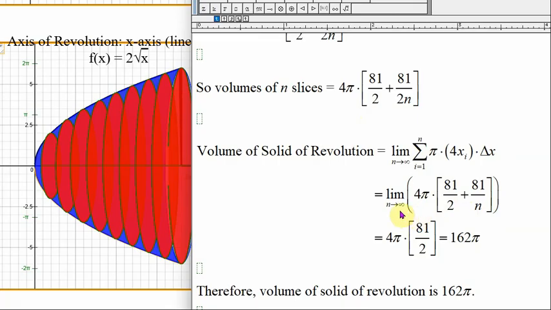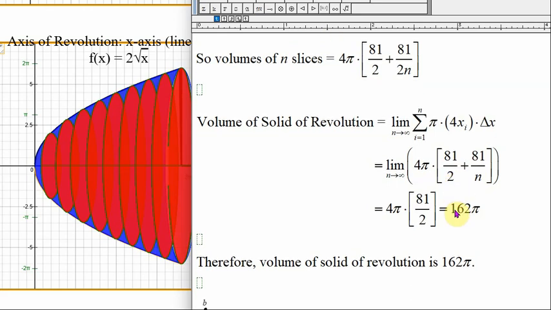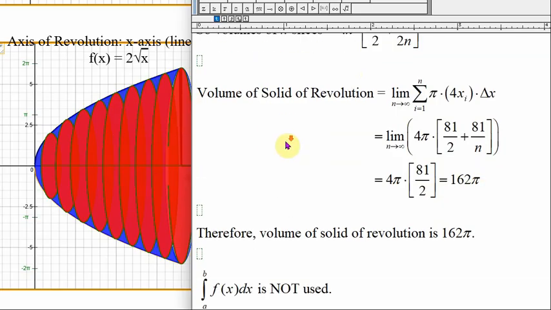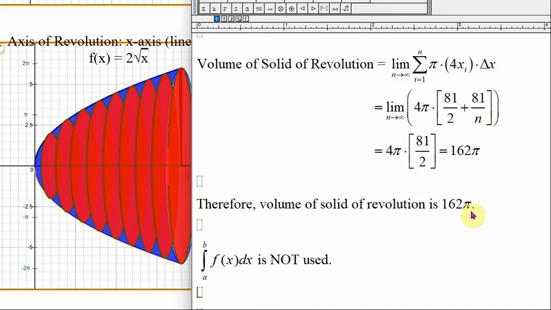As n approaches infinity, 81 over n approaches 0, and what's left is 4 pi times 81 over 2. And so we get 162 pi, which is the volume of the solid of revolution. We just got the volume without using the definite integral. And that's the end of the video.